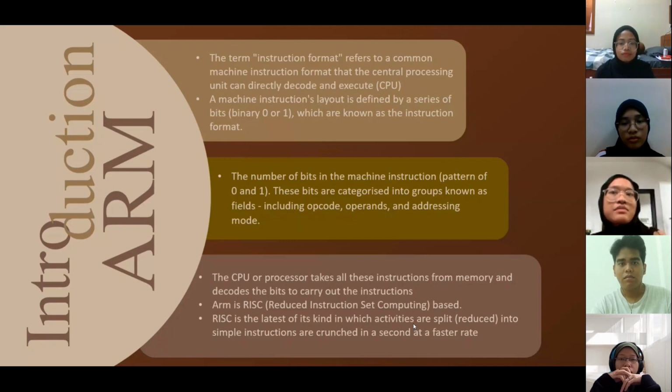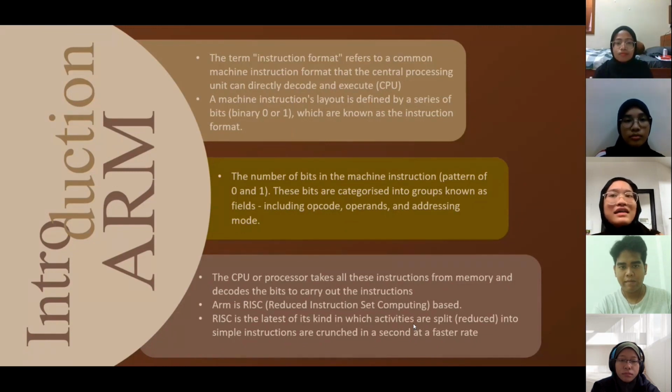These bits are categorized into groups known as fields, which include the opcode, operands, and addressing mode. The opcode is the instruction to be executed, and the operand is the data on which the instruction is to be executed. The CPU or processor takes all the instructions from memory and decodes the bits to carry out the instructions.